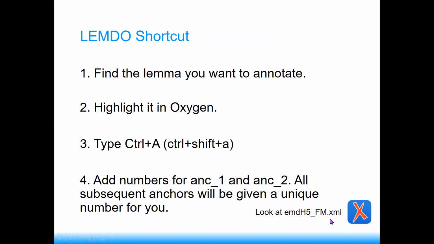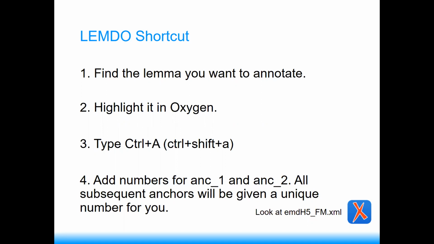We're going to toggle over to Oxygen. As you can imagine, there are quick little shortcuts for you all across the LEMDO Oxygen project, and this is one of my favorites because of the time it saves. So I'll read the instructions, then we'll toggle over to Oxygen and we'll actually do it. So find the lemma that you want to annotate, the word or phrase.